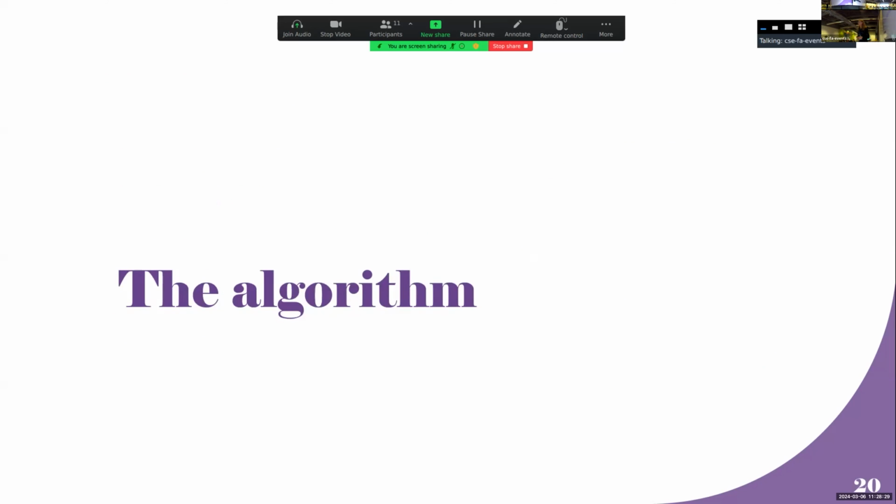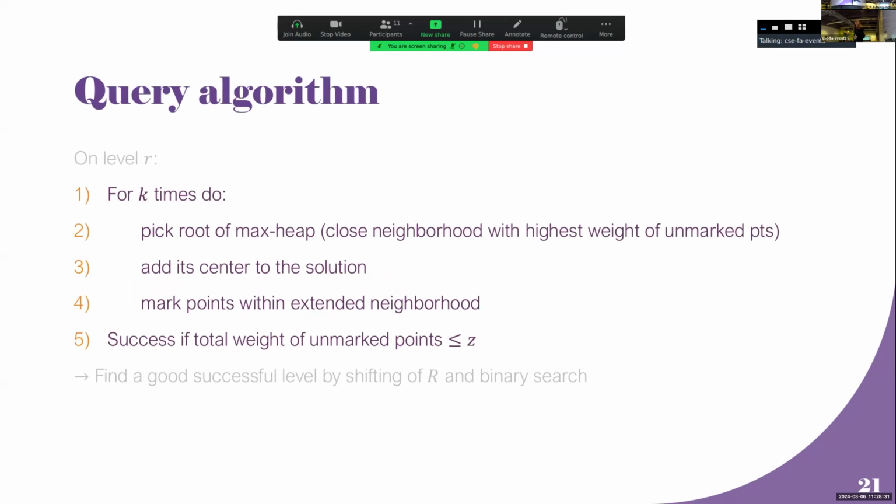Okay, with that, I can show you the algorithm. It's basically the same idea, a slightly modified idea, as the greedy algorithm. So for k times, we always pick the root of the max heap, which is the close neighborhood with the highest weight of unmarked points. And we add the center of this to our solution, and then we mark all the points in the extended neighborhood.